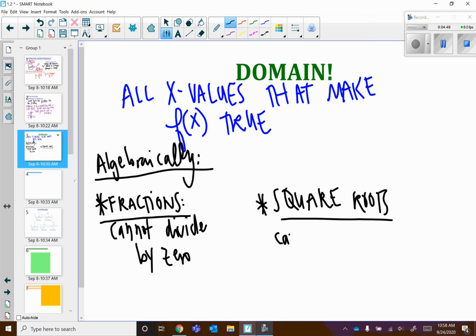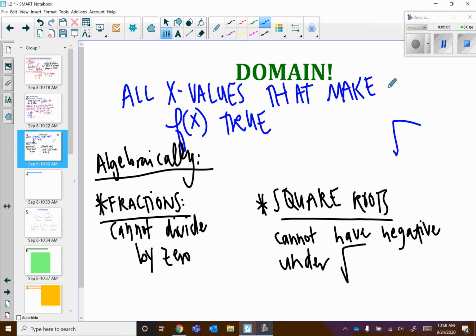You cannot have a negative under the square root. Now, of course, that is something that we can do. We just talked about the square root of -3. We could say that's the square root of 3i. It's just an imaginary number, and for functions, we are really looking at real numbers.